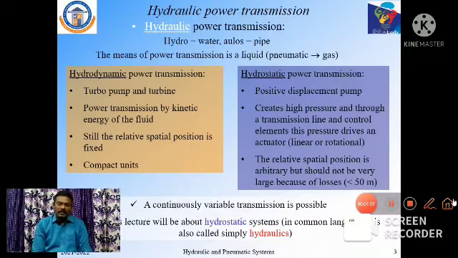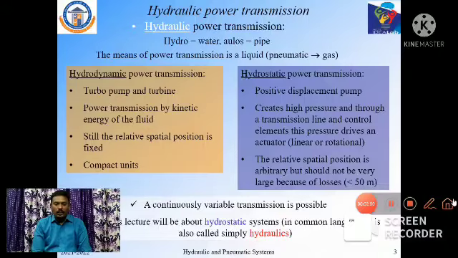The previous slide showed the basic power transmission systems: electric motors, DC motors and diesel engines. As an alternative, hydraulic and pneumatic power transmission systems are easy and reliable.